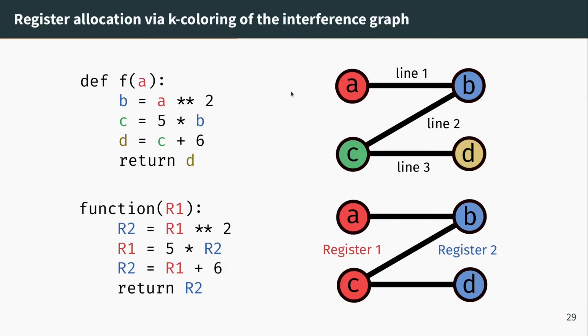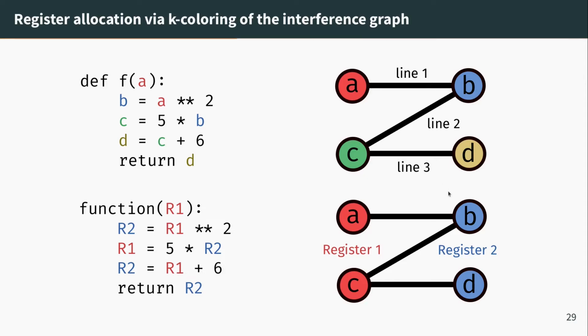So for instance, here, just looking at this line, we see that A and B cannot be stored at the same location, okay? Because A and B are alive concurrently. Likewise, C and B are alive at the same time, and D and C are alive at the same time. So here, in this very simple program, you have this graph with 4 nodes and 3 edges.